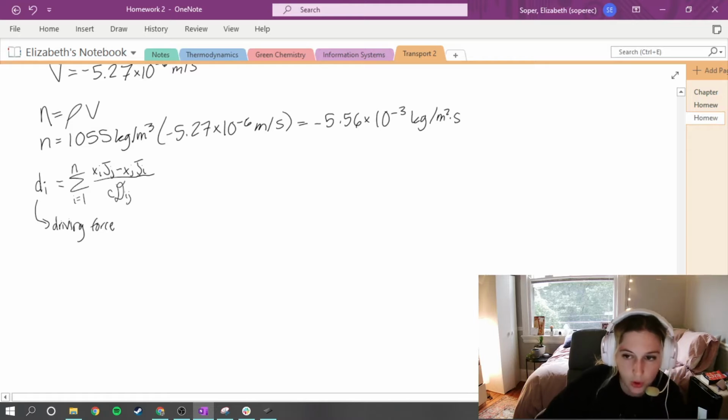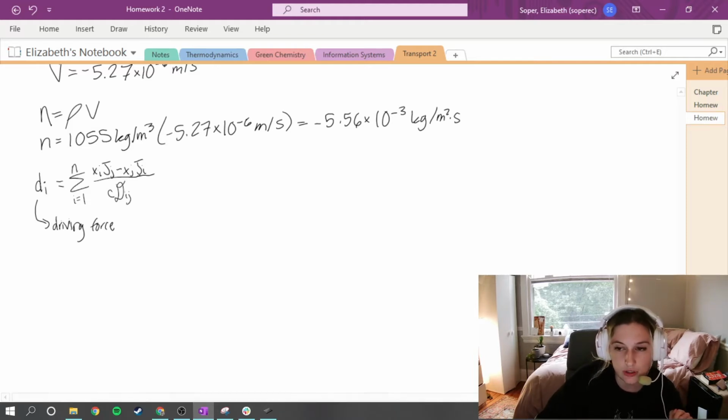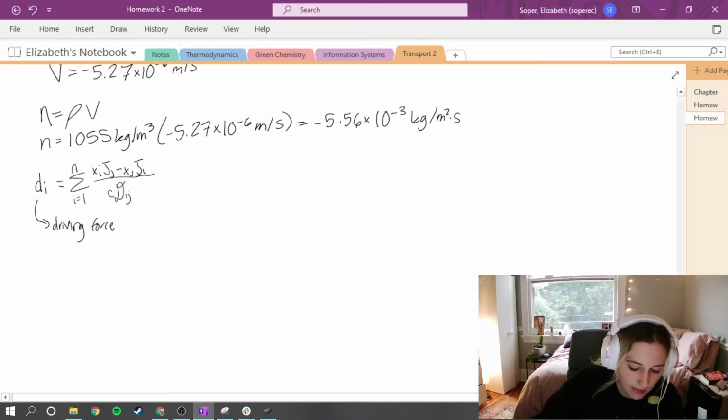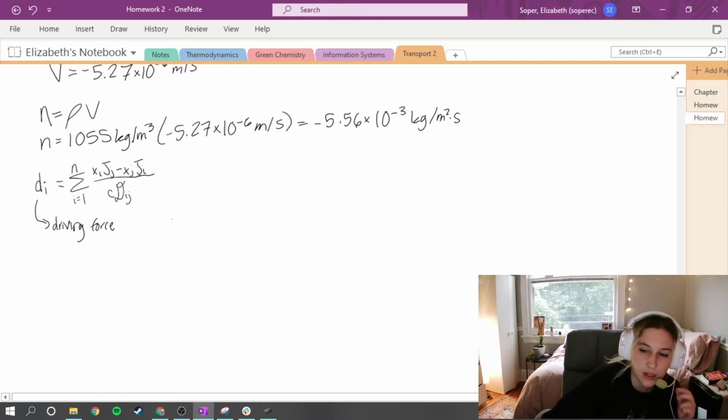So the molar fraction of component i times the molar diffusive flux of component j, so the opposite there, minus basically the inverse of that, so the molar fraction of component j times the molar diffusive flux of component i. And then all of that over the molar concentration times the Stefan-Maxwell diffusivity, which is represented by this fancy capital D right here.